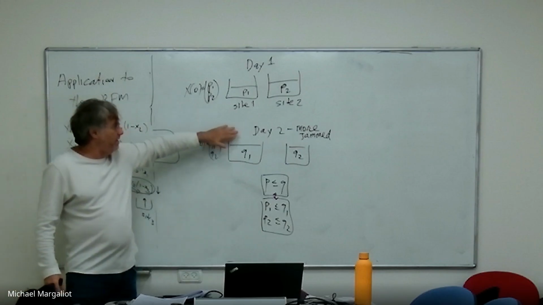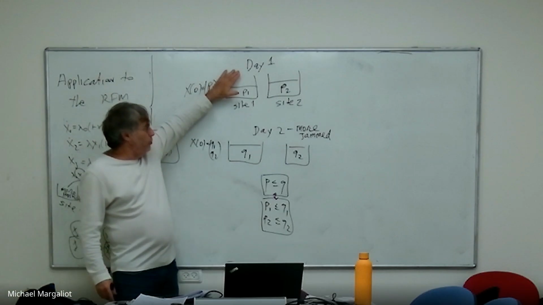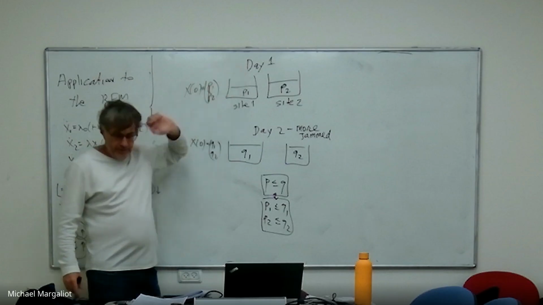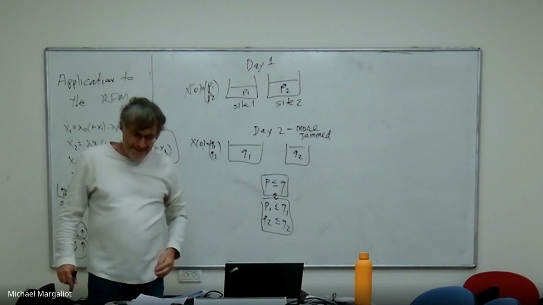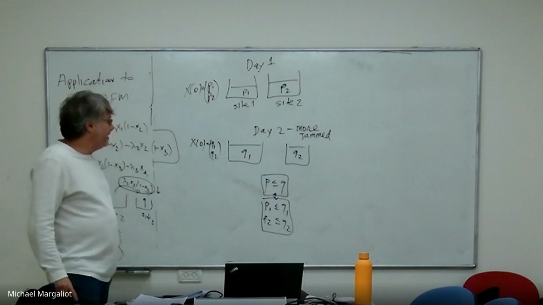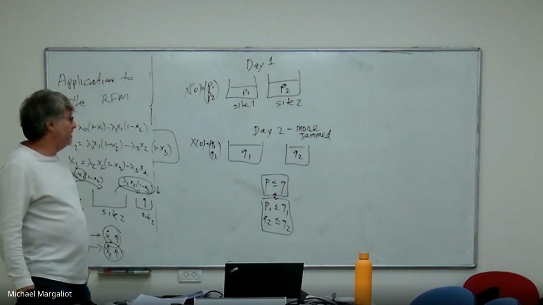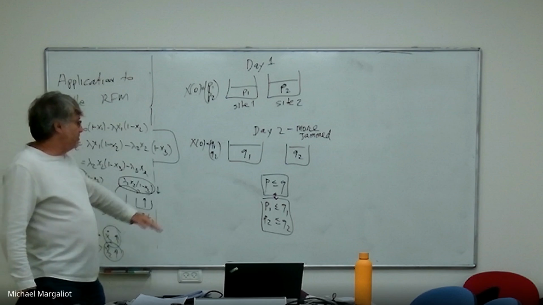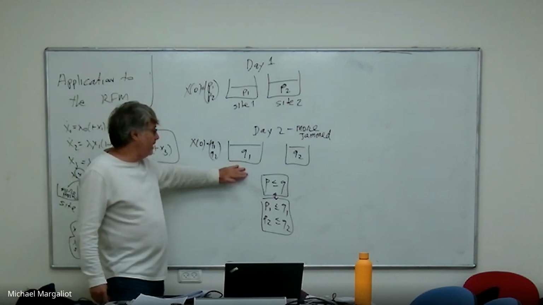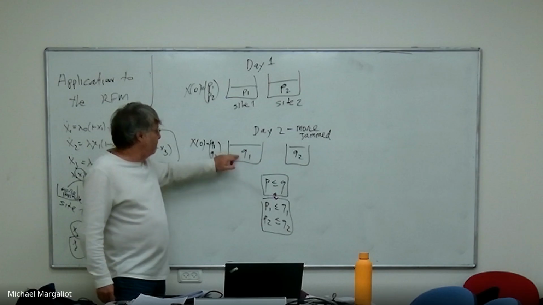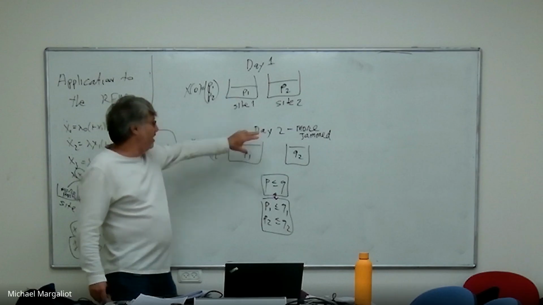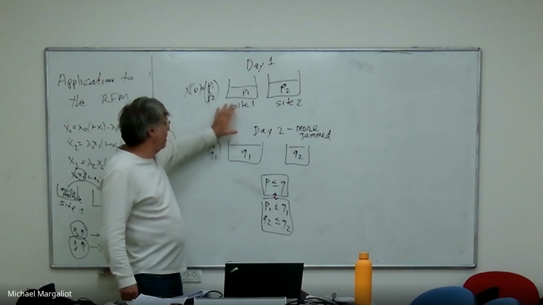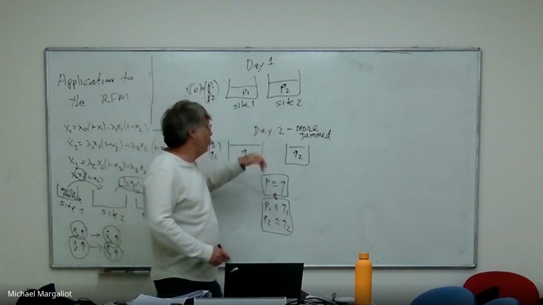So this is a bad traffic day, and this is a good traffic day. It's like a good hair day and a bad hair day, but here it's a good traffic day and a bad traffic day. So you start this day, maybe it's a bad day, everything is more jammed. The first site, Q1, is more jammed than P1 and so on.